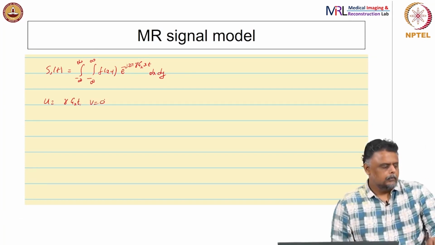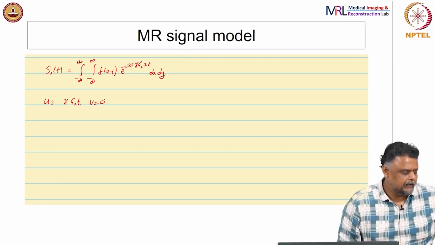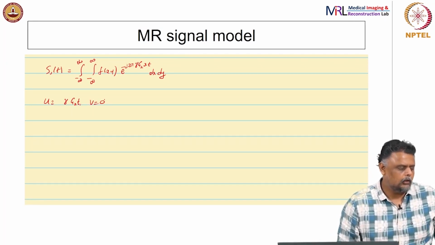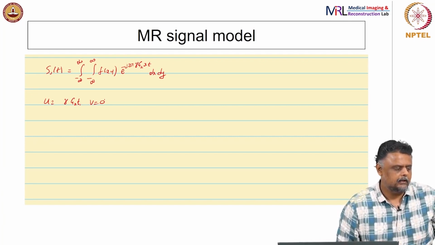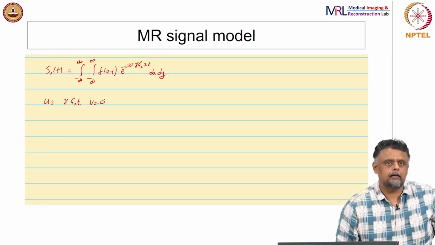Okay. Now, how do we do this scanning, right? Now we saw V equal to 0, then how do we change this, right? So, the way to do that is also to apply another gradient along y, right.